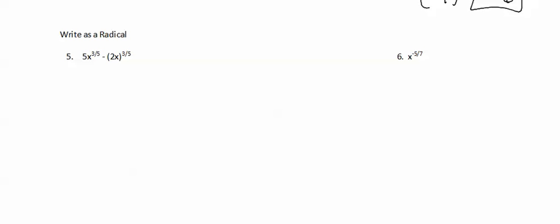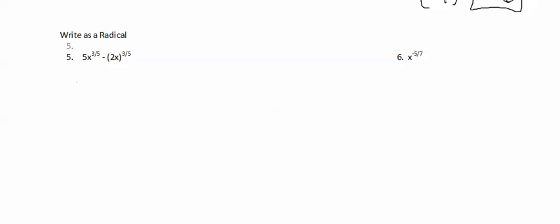In these next two examples, I just want to point out a couple of special things that you might not catch. Number 5, I want you to notice the difference of the placement of the parentheses. Over here, the 3/5 just applies to the x, where in the second term, the 3/5 applies to the entire quantity 2x.